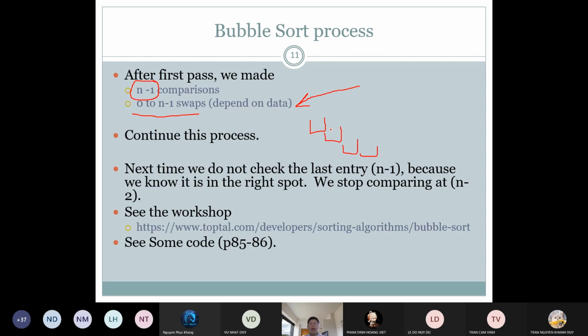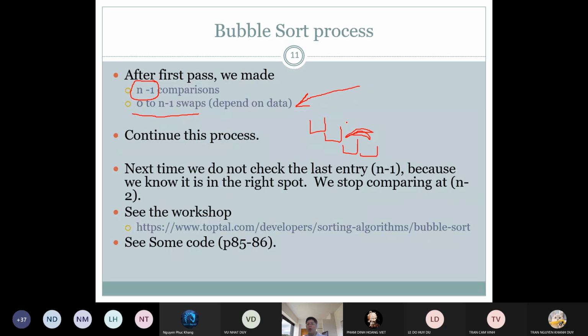That will be the case when the array is already sorted. Because if there is something in the middle, of course we need to swap, maybe one time or many times. But if we have zero swapping for the first iteration, it means it is sorted.